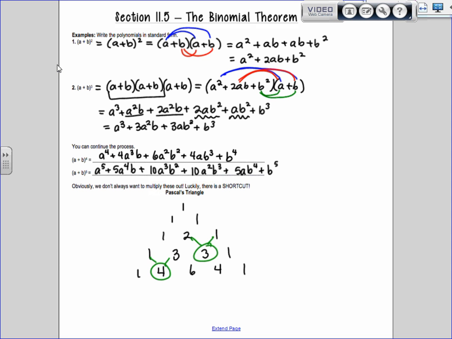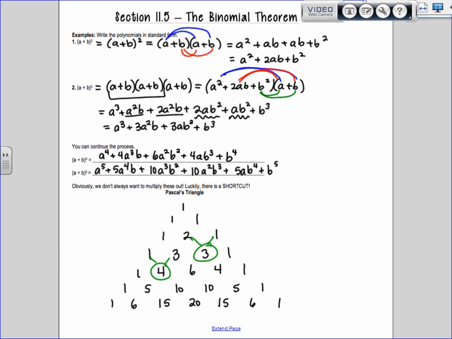Right? So what should my next row be? 1, 5, 10, 10, 5, 1. Right. What about the sixth row? 1, 6, 15, 20, 15, 6, 1. Exactly. So it's very symmetric. Notice how on the outsides it's the same. 1, 6, 15, and then the middle makes 20.